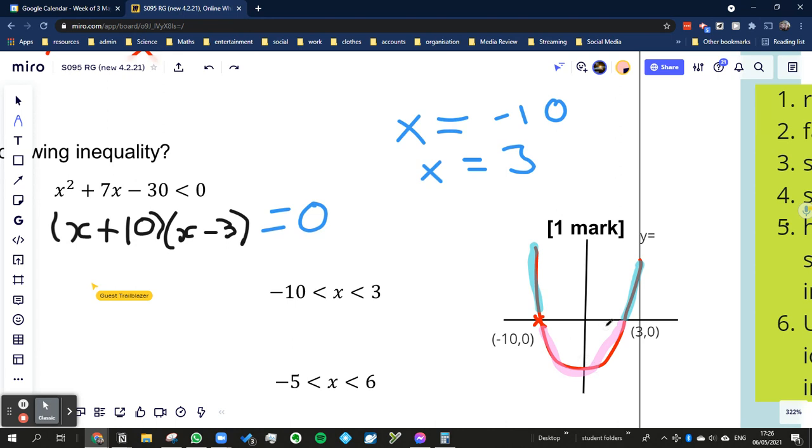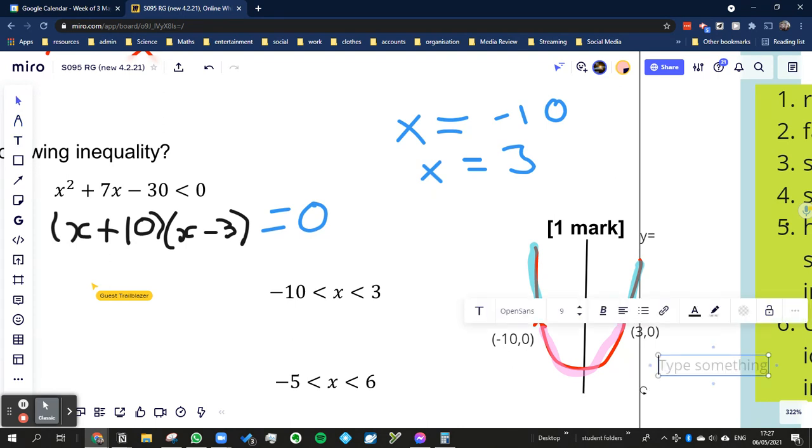What are the values for x when y is less than 0? Well, x is greater than negative 10 and less than 3. So you'd write that as negative 10 is less than x, and x is less than 3. So that's the answer to the problem.